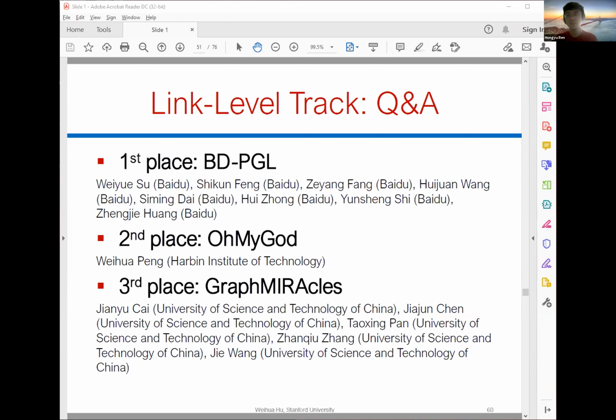I see. Thanks. Regarding the scalability issue, Jianyu, you mentioned that you first mine the rules. How did you partition the graph? Is that a random partition?